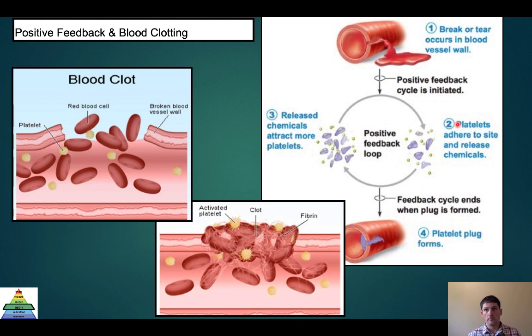More chemicals, more platelets, and they create a plug which then stops the bleeding. That is our amplification to bring back and turn off that system. At some point, we don't need to have any more platelets and any more chemicals being released because we've now shut down the bleeding and we've been able to fix this damage.